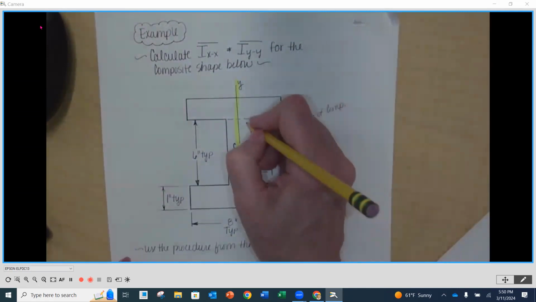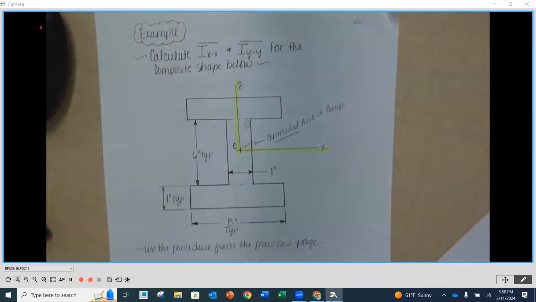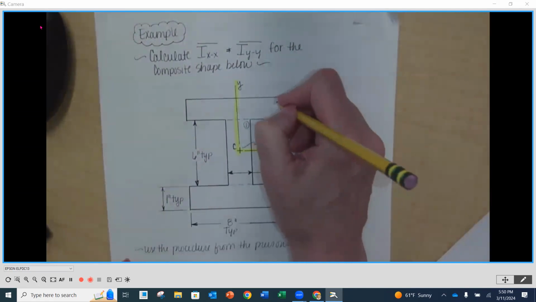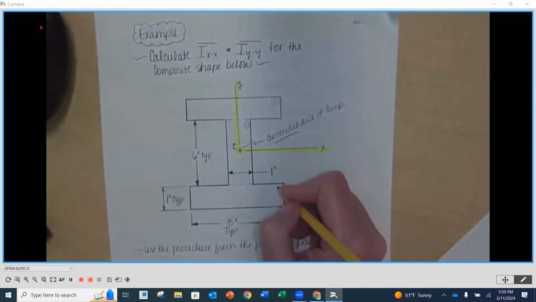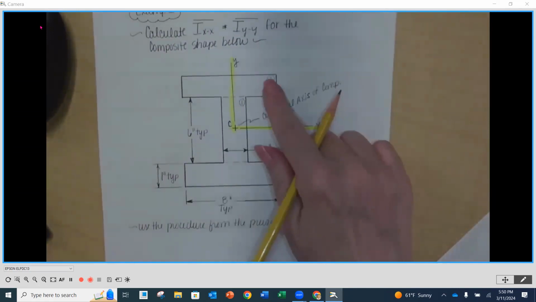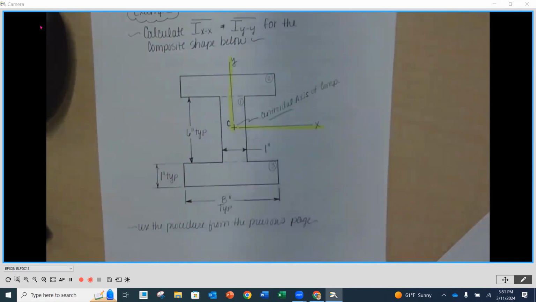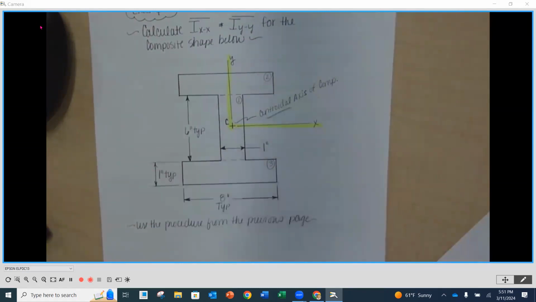I'm going to do number 1 as the one that's standing up in the middle, number 2 the upper, and number 3 the lower. By design, the upper and the lower are evenly distributed from that centroid, and they're also the same size. So they're 1/8 on the top as well.